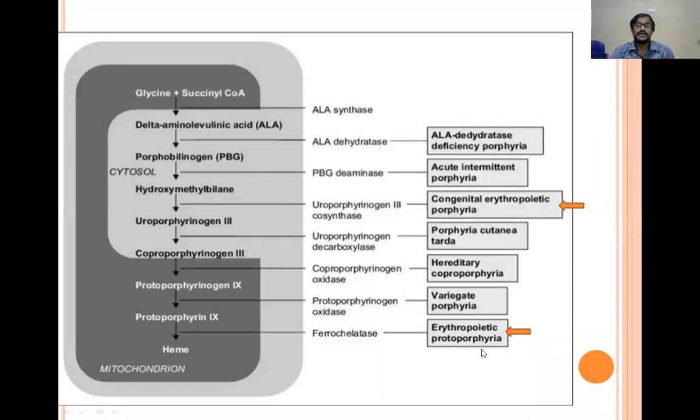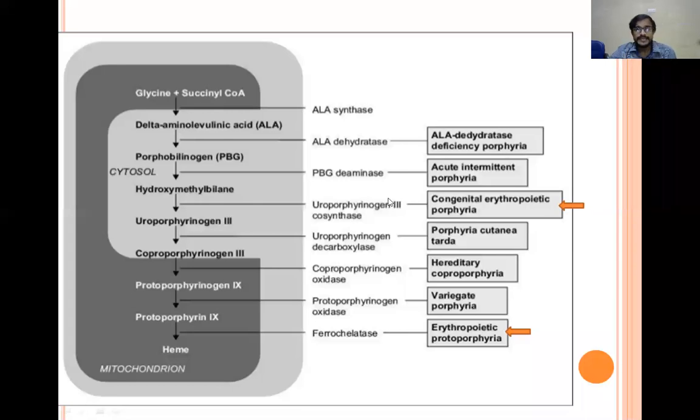So all these are different types of porphyrias, and these are the corresponding enzyme defects. These are the enzyme defects which catalyze the different reactions involving the intermediates in the synthesis of heme. And these porphyrias which are marked with the arrow are erythropoietic porphyrias, and the remaining are hepatic porphyrias.